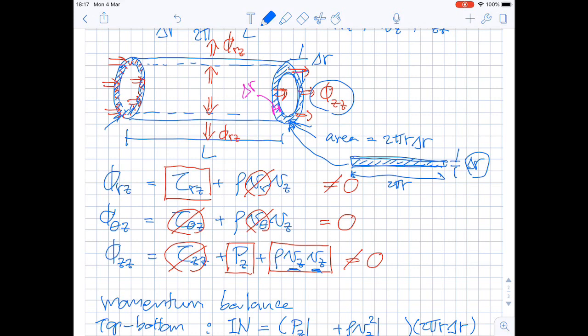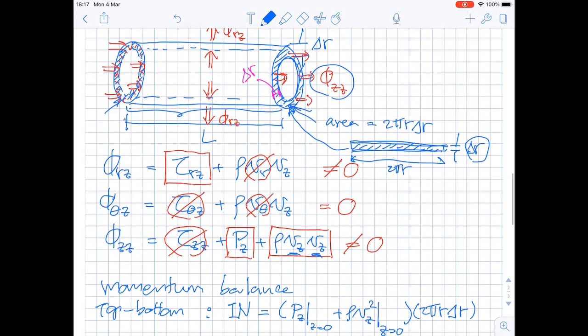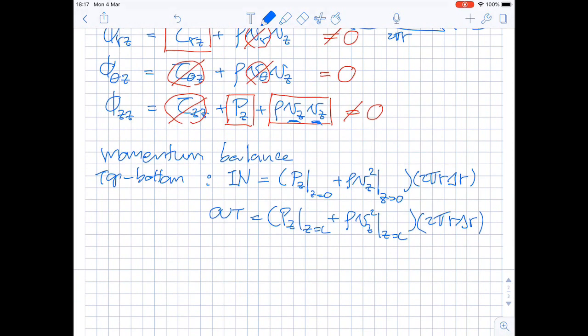So the next area that we need to consider is the side of the cylinder. On the sideway, which has the length over here, let me write it down as side.